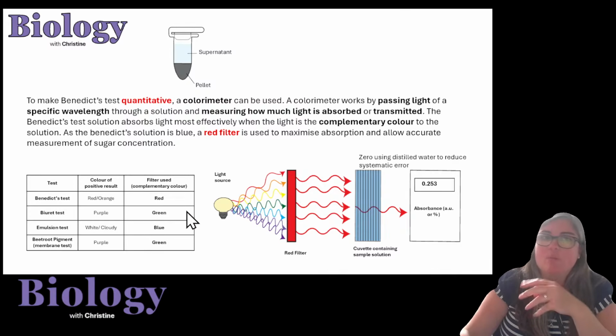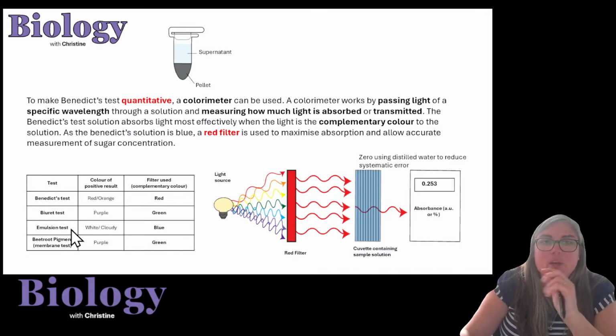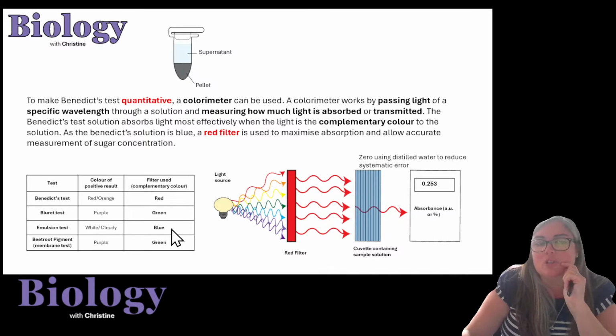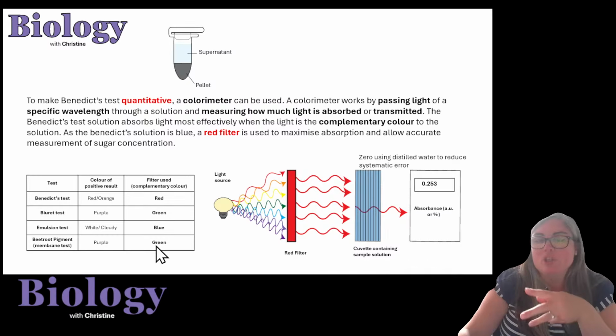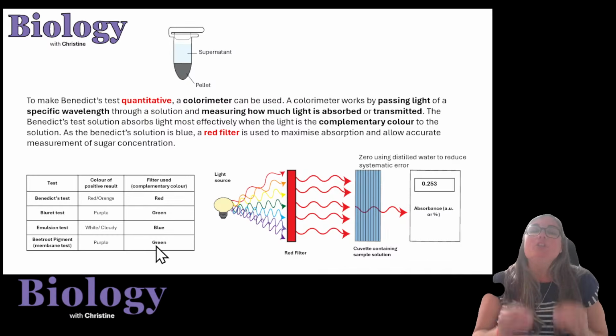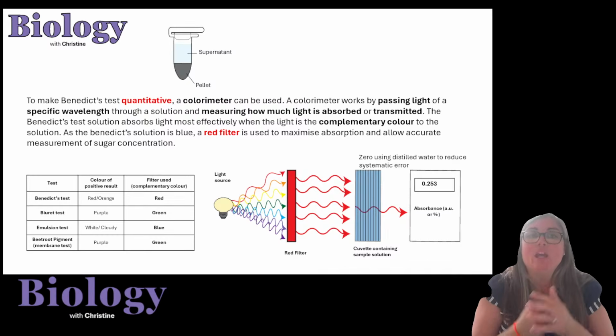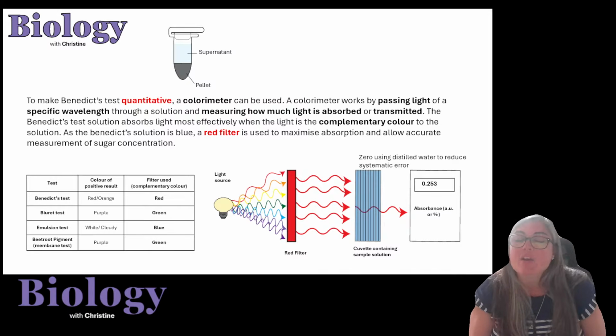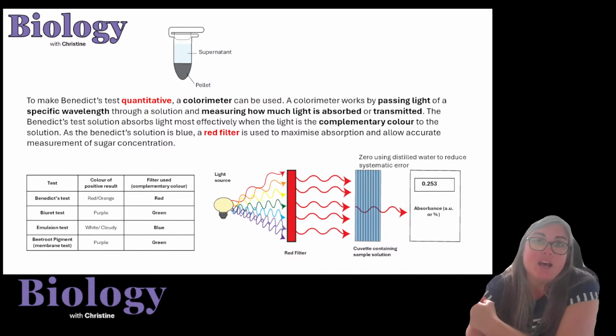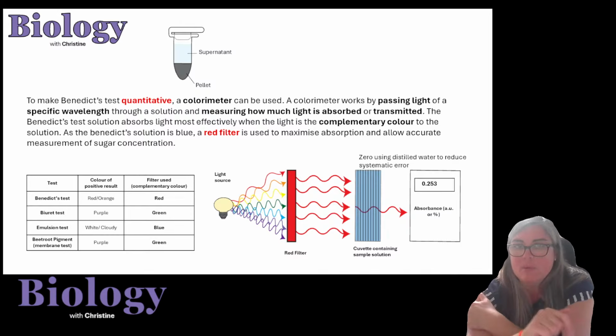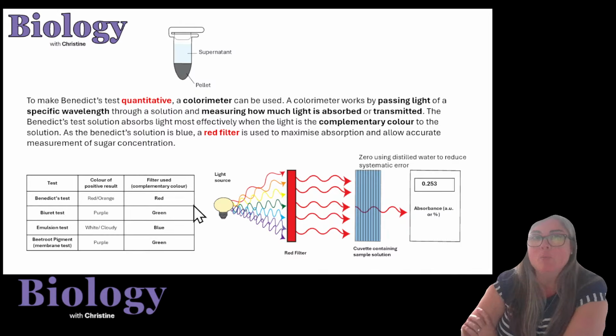If it was biuret, we'd use a yellow or a green. If it is emulsion, we'd use a blue. If it is beetroot, we'd use a green. If you are unsure, write a complementary color. They will give you that unless it's Benedict's. They do expect you to know the red filter, but they're more lenient with the other ones.